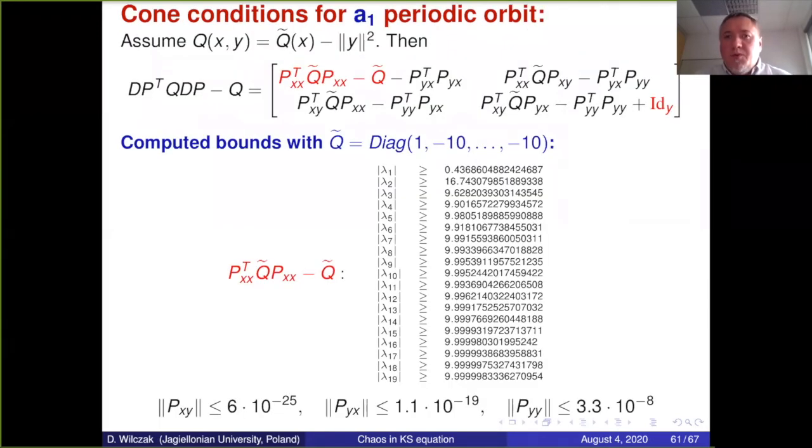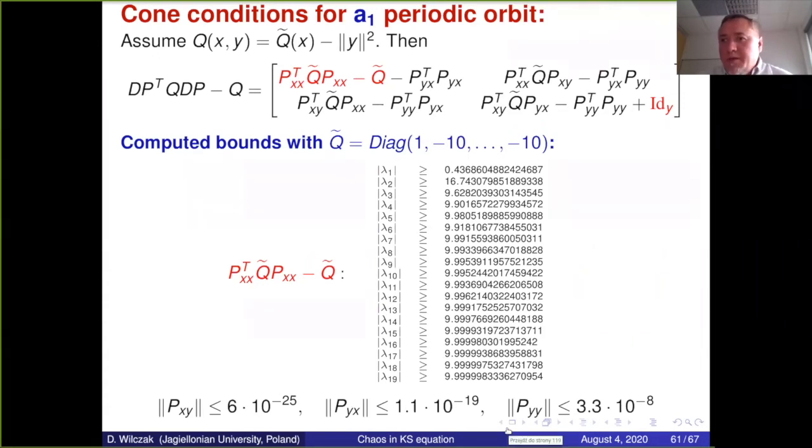But the condition is, we have to check that this matrix is positive definite. And we choose Q, this quadratic form, to be of that form, with Q a finite dimensional diagonal matrix like that. And if we look at this product, we see that the most dominating parts are the red parts. So this is what happens in the diagonal part. Here we have identity, and those black quantities are just zero because of the numbers here.